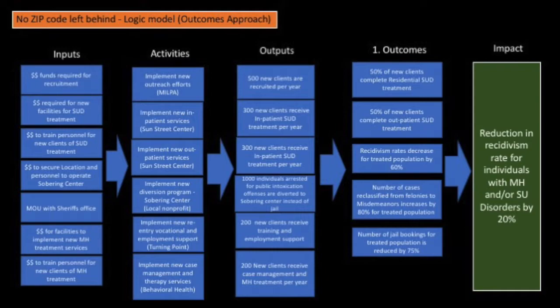A specific amount of funds required to recruit clients, money required to acquire or lease new facilities, money required to train and hire personnel, money to recruit and implement a sovereign center, memorandums of understanding with stakeholders, in this case the sheriff office, and money to secure and lease locations to deliver mental health services and to train personnel.